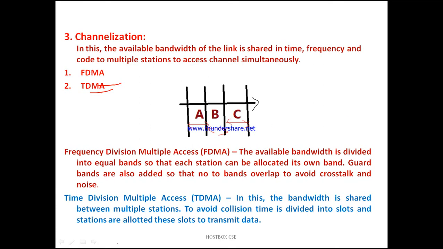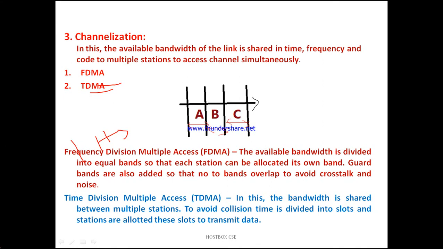So let's assume in FDMA the available bandwidth is divided into equal bands, so that each station can be allocated its own band. So here the frequency is divided to make the data transfer, send and receive, successful. And time division is the opposite of FDMA: the bandwidth is shared between multiple stations. To avoid collision, time is divided into slots, and stations are allotted a slot to transmit data.